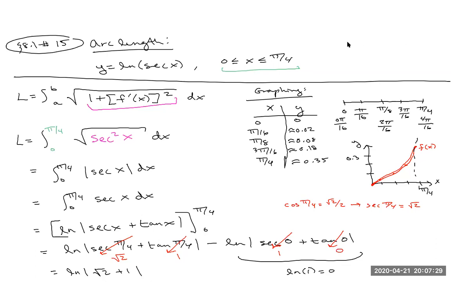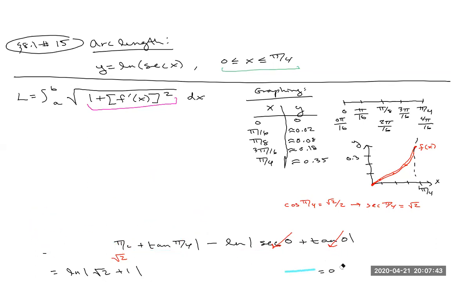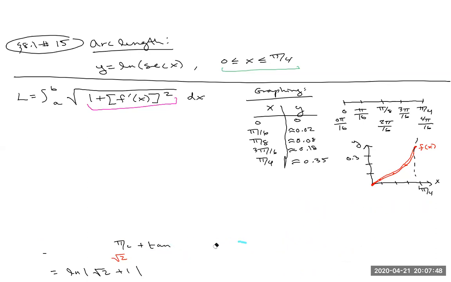Okay, I'm going to go ahead and clear this out. Takes a little while. Okay, so what we find is that L will be equal to ln of root 2 plus 1.